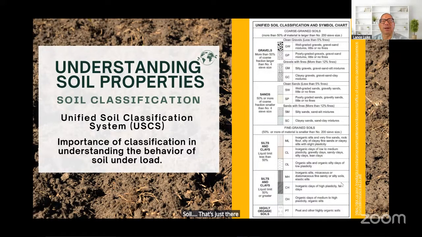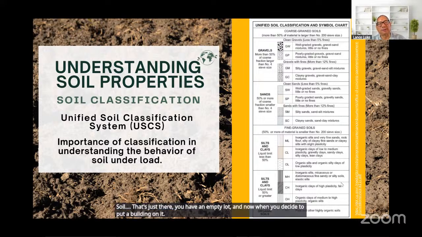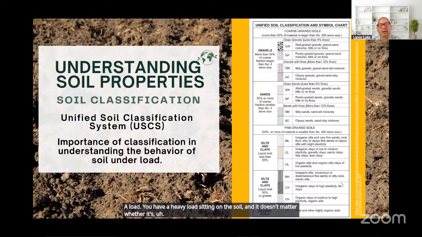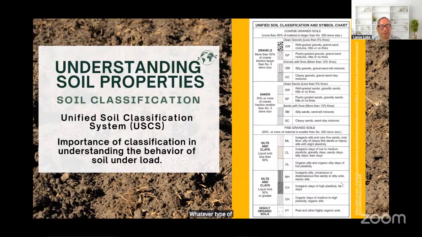You have an empty lot. And now when you decide to put a building on it, that's the terminology of soil under load, because you have a heavy load sitting on the soil. It doesn't matter whether it's a house or a different kind of building. It's still a load. The weight of the load would be different, of course, depending on whatever type of building you're going to build on that lot.